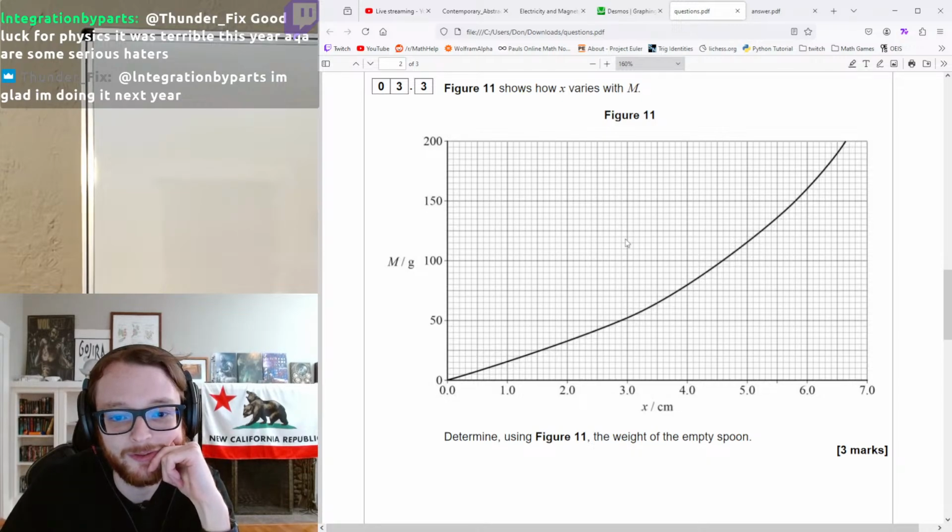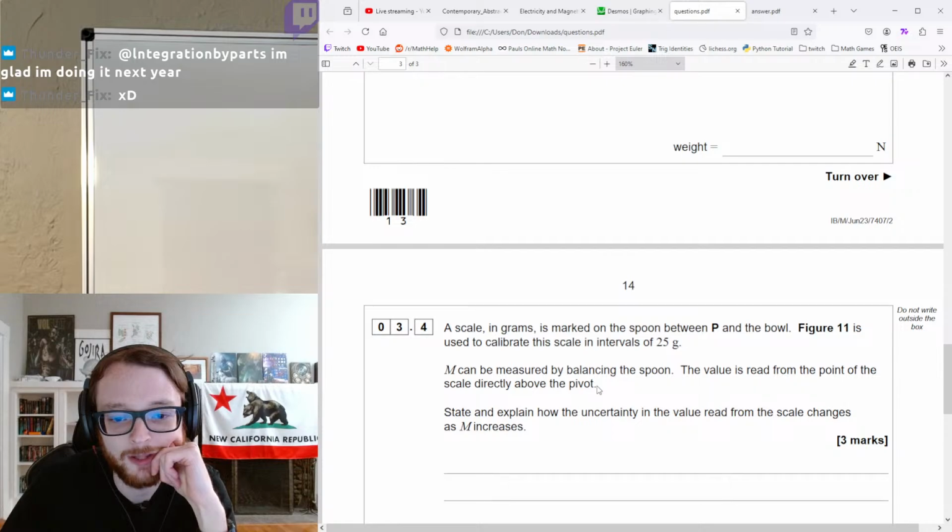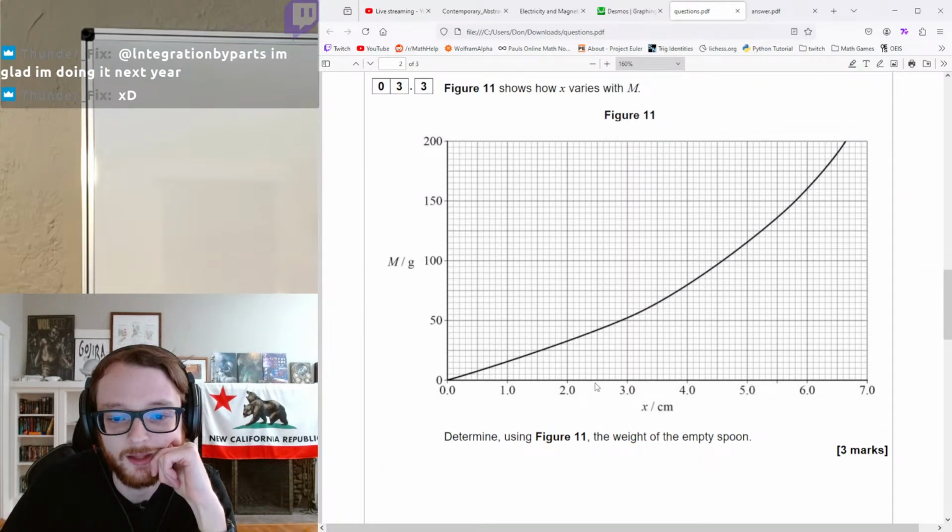So they're using this graph to calibrate the scale, and I assume that means you're putting a known mass m into the scale and measuring what the distance should be. That's how they're doing this.